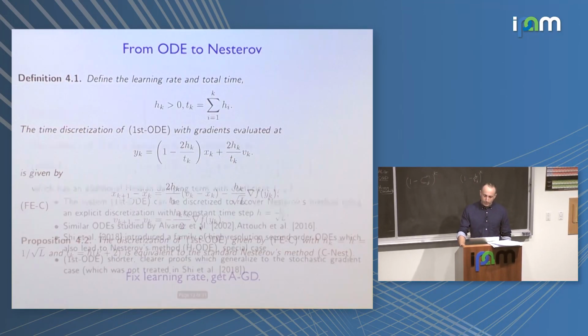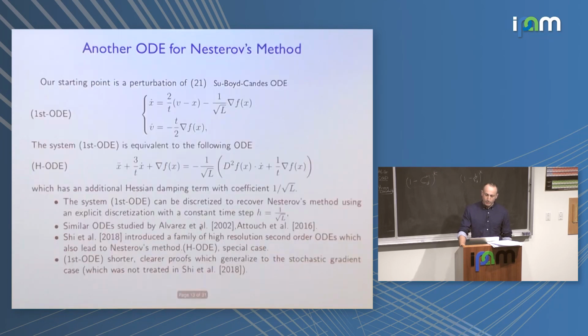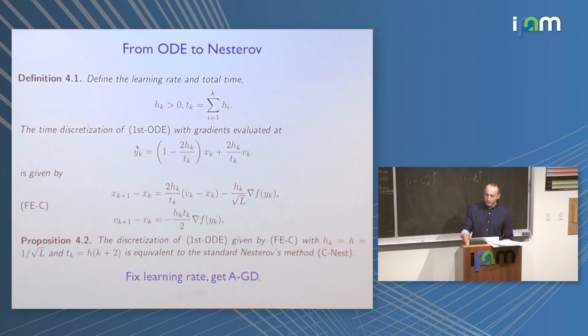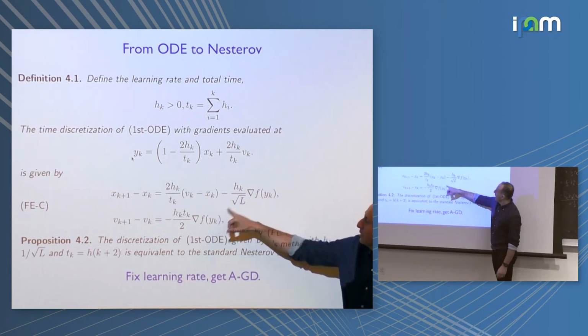Okay, and so here it is. I'm going to discretize this ODE, this guy up here, with forward Euler in time. I'm going to allow for a variable time step, but later that's going to be just constant, 1 over square root of k. And the thing that everybody does, you don't evaluate the gradients at x.